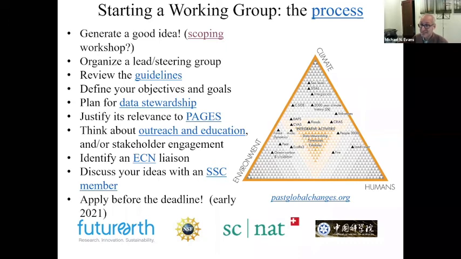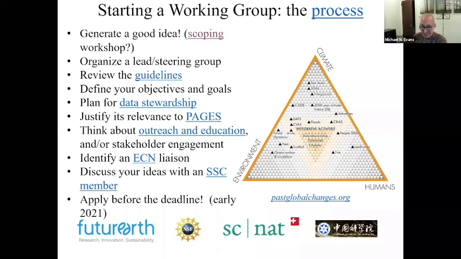But I also recognize that this is a lot of work, and it's also worth thinking about whether you have the time and a plan set forth such that your work as part of a PAGES working group, or your activity and workshop and the products that come out of that are all really contributing and hopefully supporting your development as a scientist. And I think PAGES is really open to figuring out and brainstorming ways in which we can make this so.